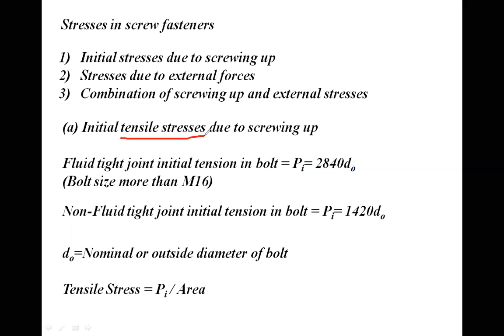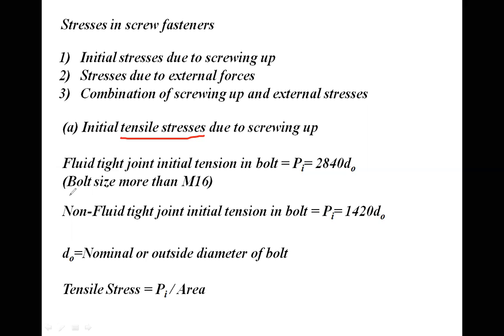In such cases, you have to tighten that screw in such a fashion that there is a fluid tight joint. So the first screwing up stress, the initial stress, is based on a fluid tight joint. Again, there is a limitation.